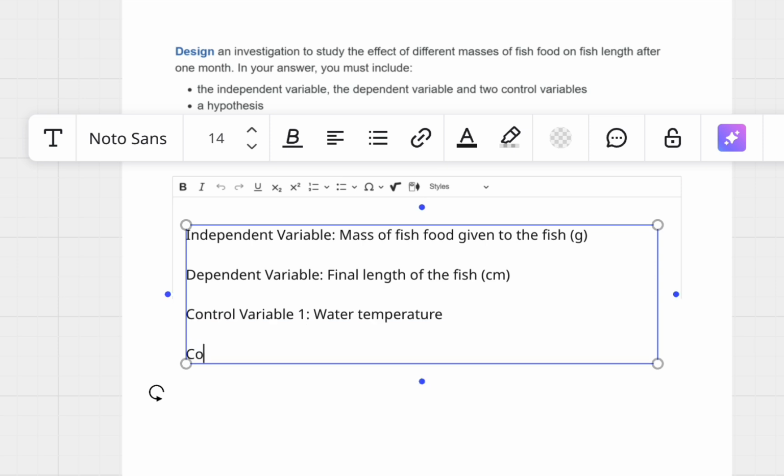Next, let's do control variable 2. The control variable 2 is going to be our species of fish. The fish species should be the same, because different species might react differently to the food given to them.